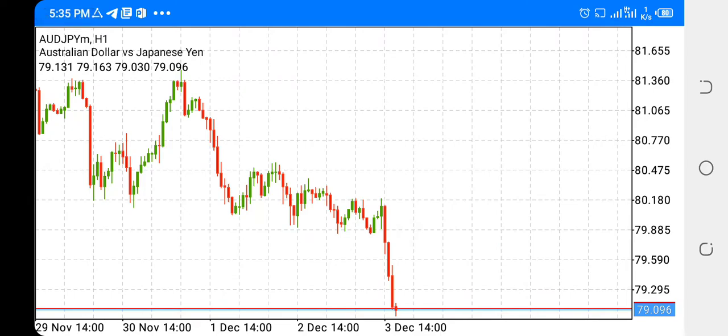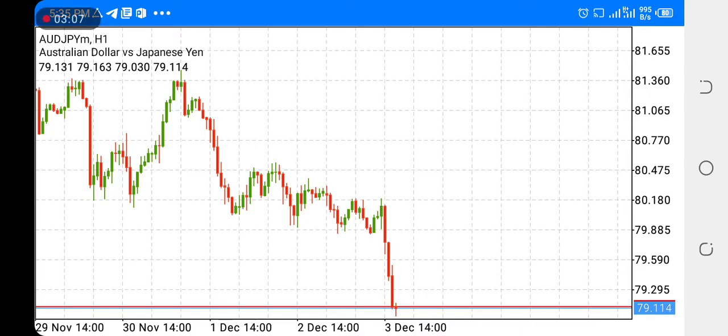Alright, so yesterday, which was Thursday, we were supposed to identify our entry points. That is, how do you know that this is where you want to take the trade or not?